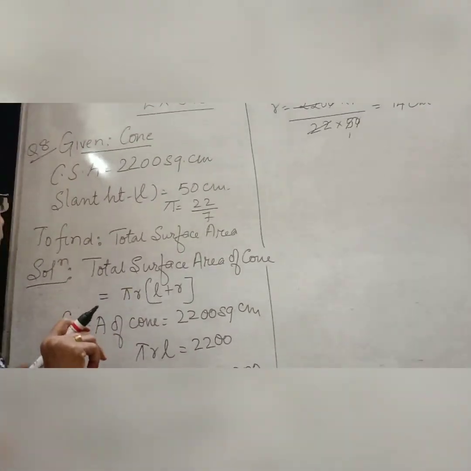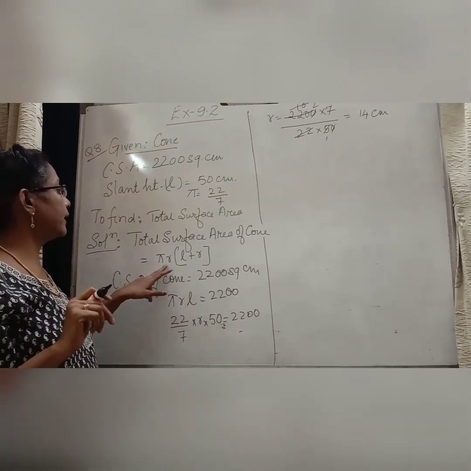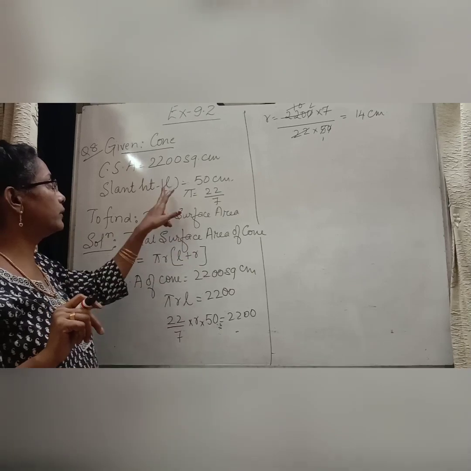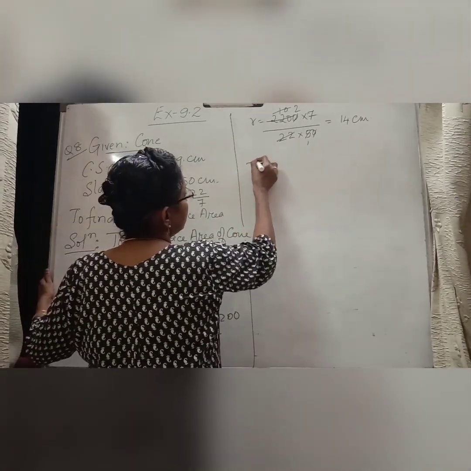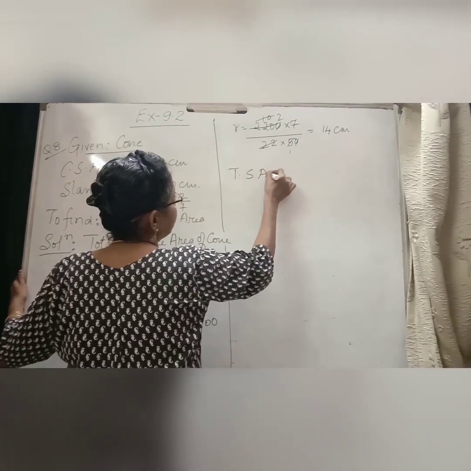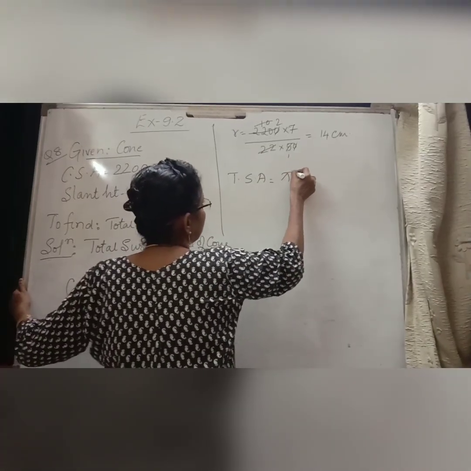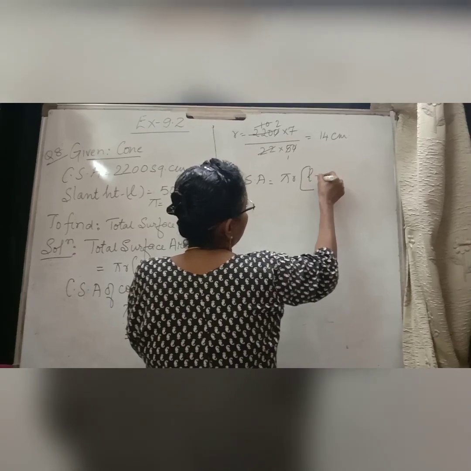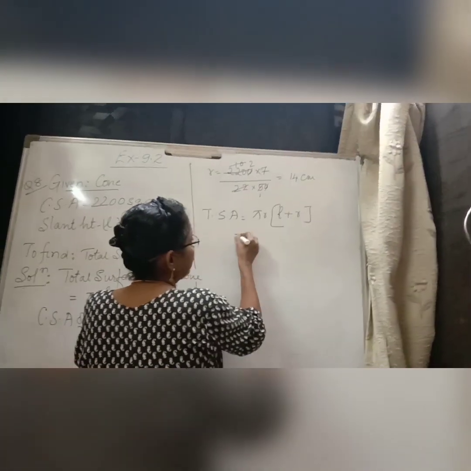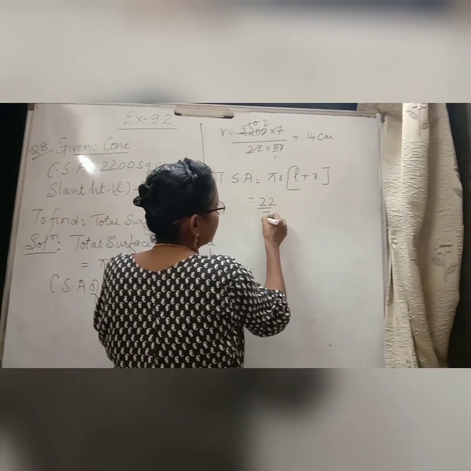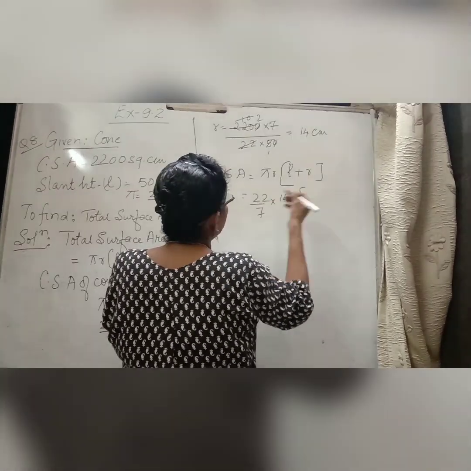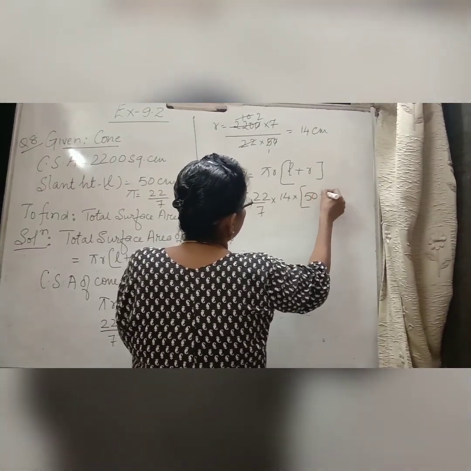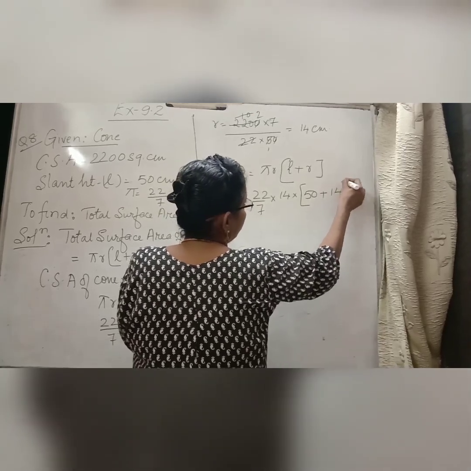Now total surface area is pi r into L plus r. So we have L, we have r. So substituting the value, total surface area is equal to pi r into L plus r, which is equal to 22 by 7 into 14 into L is 50 plus r is 14.